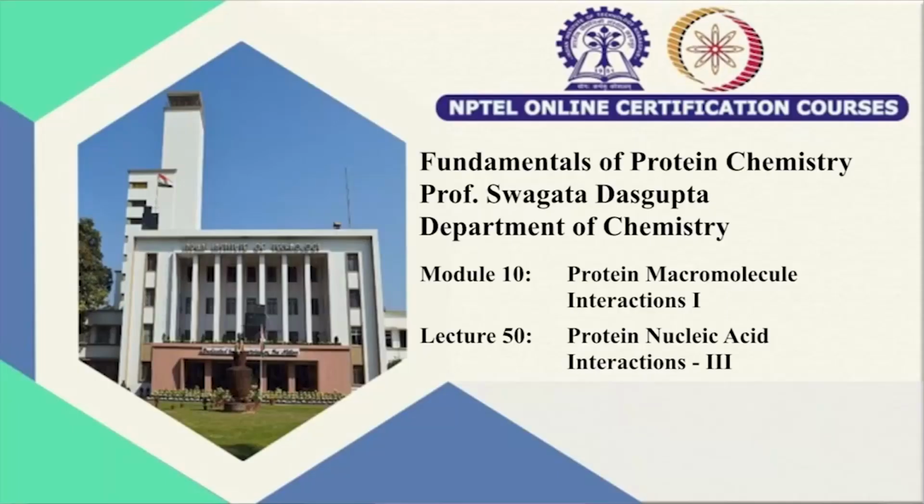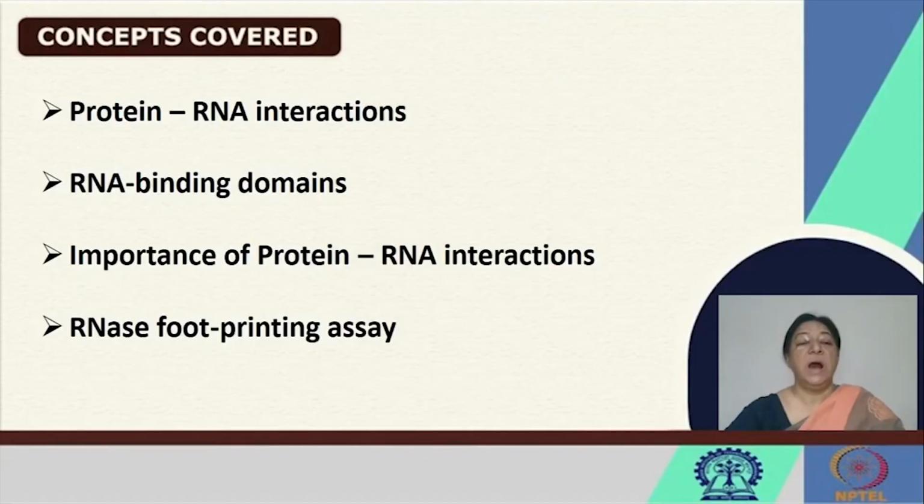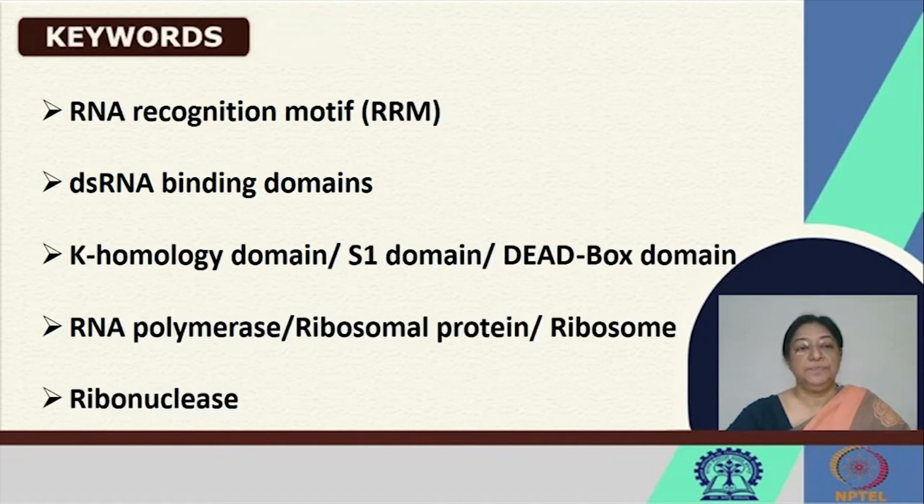In this lecture, we will be looking at protein RNA interactions, RNA binding domains, the importance of protein RNA interactions, and in this case, the last of the detection methods that we mentioned, the RNase footprinting assay.